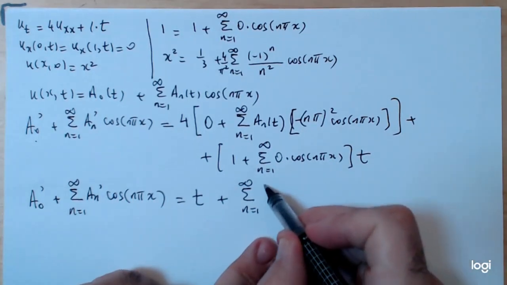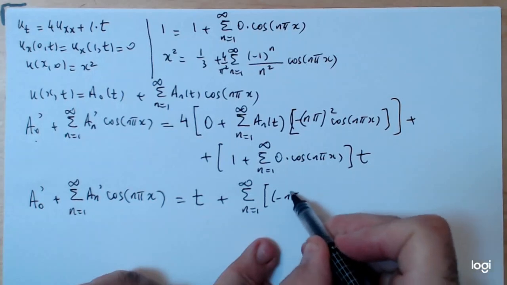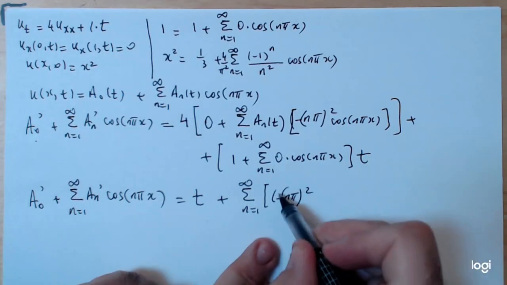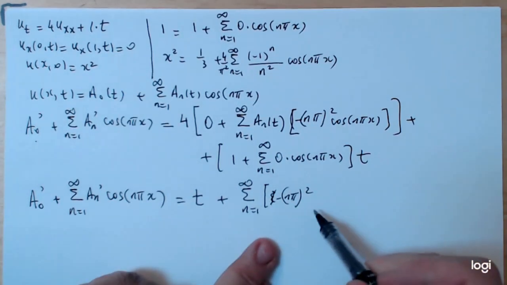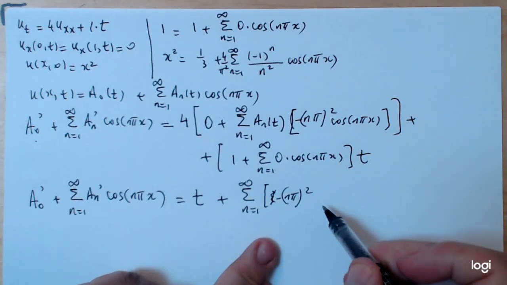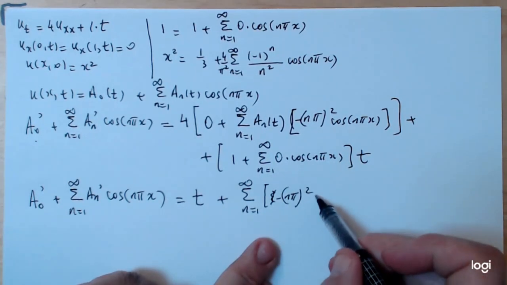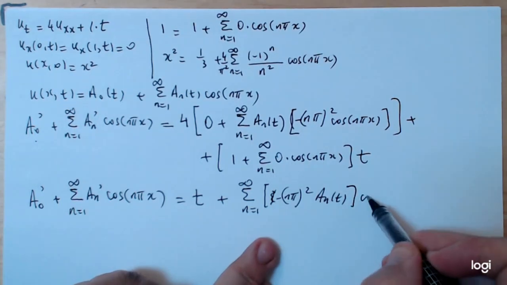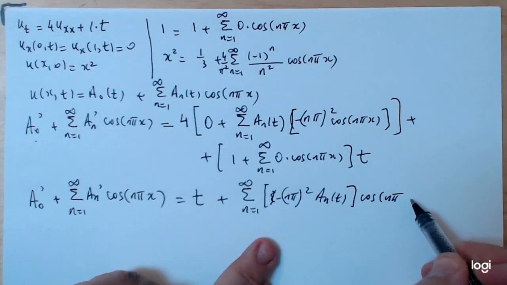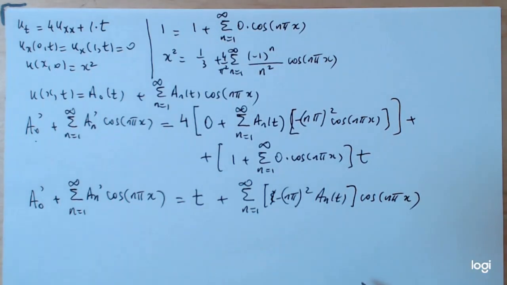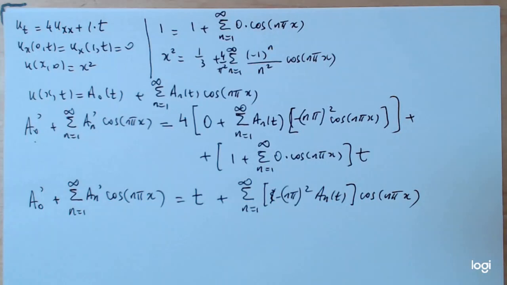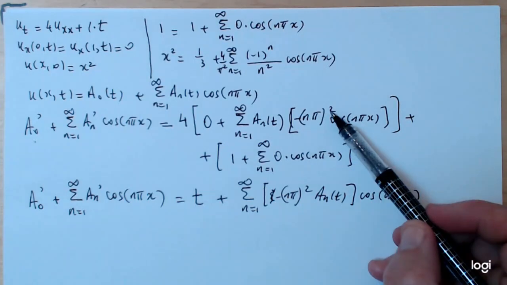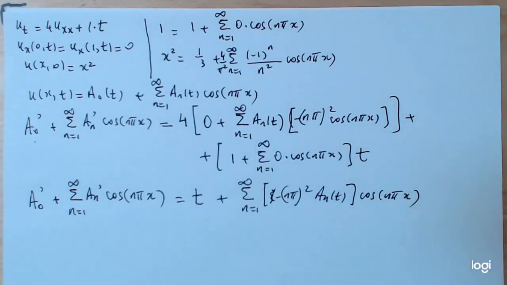So I'm left here with minus n pi squared times a n of t times cosine of n pi x. Yeah, so you pull cosine of n pi x, and you're left essentially with minus n pi squared a n of t as the coefficient.